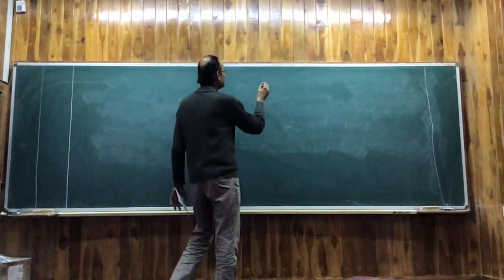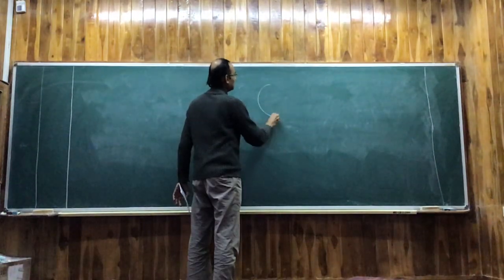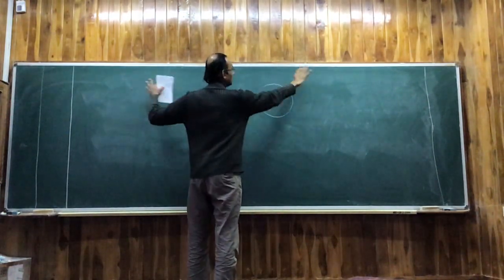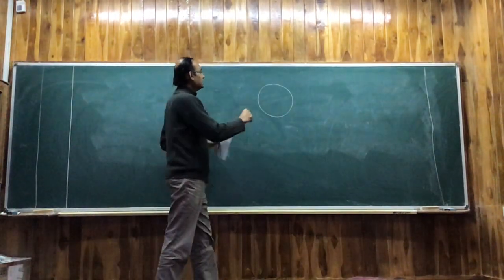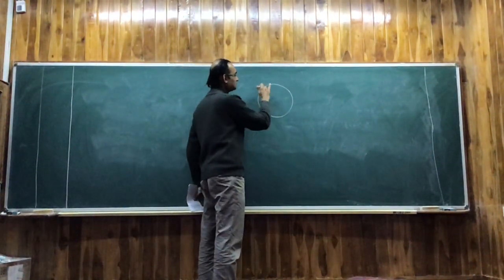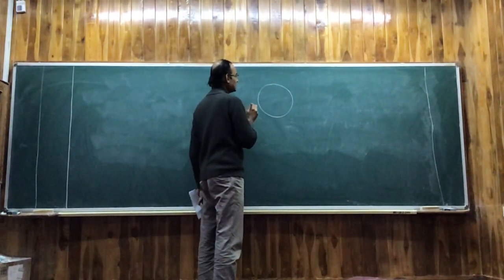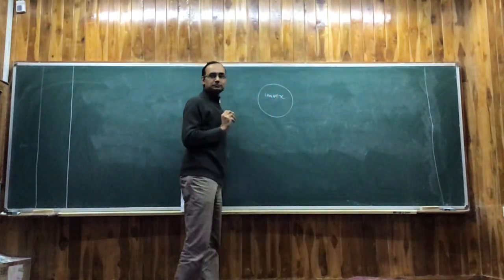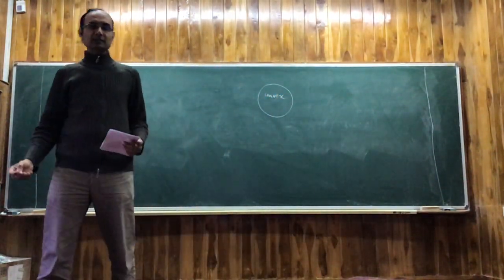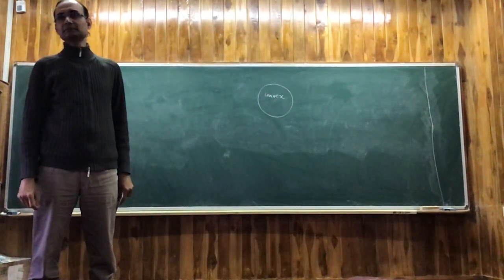So inside a Hilbert space, let us consider a set. Some set, so this blackboard is the Hilbert space, and this is some set inside it. The set is such that it is convex, in the sense that if you add two vectors, it remains inside it.